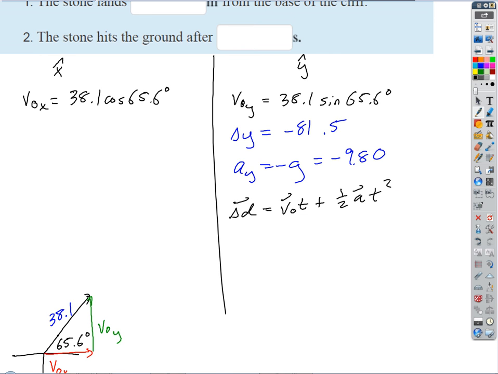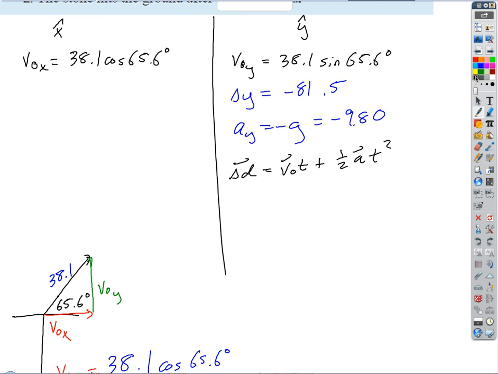Okay, so then delta d for us, that's delta y, right? So we get negative 81.5 equals v naught t. So what's v naught? V naught's right here. So that's 38.1 sine 65.6 t plus 1/2 AT squared.